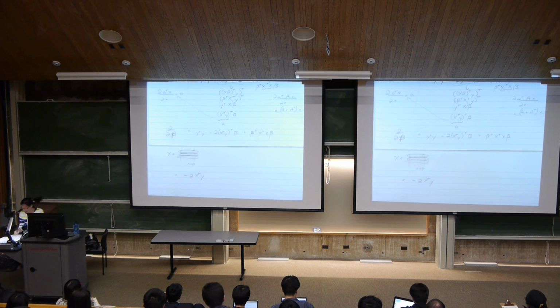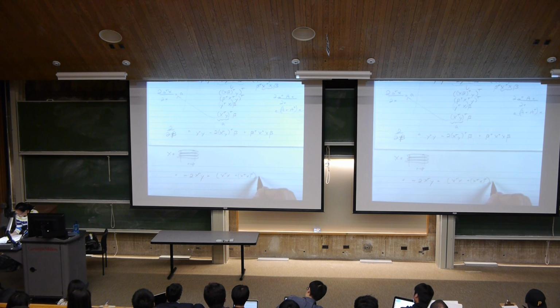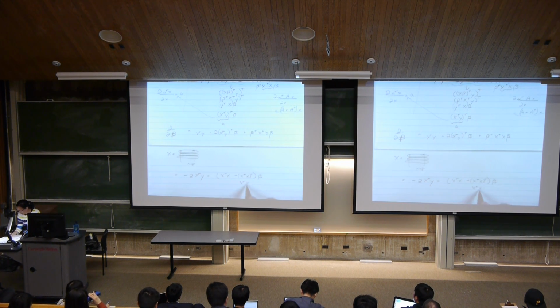And the third term is going to be x transpose x plus x transpose x transpose times beta. If you transpose this, you get the same thing back, and so you get negative 2 x transpose y plus 2 x transpose x beta.